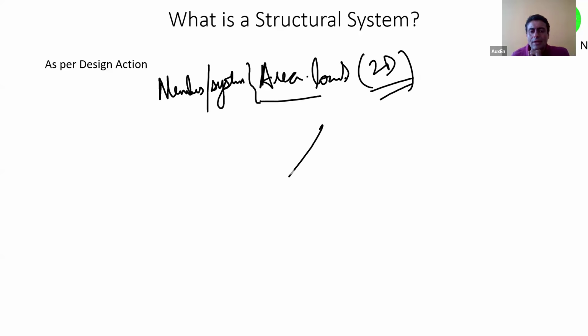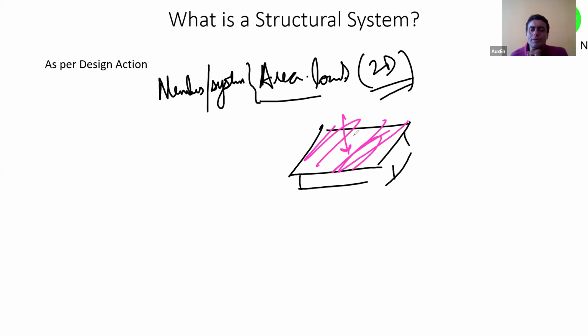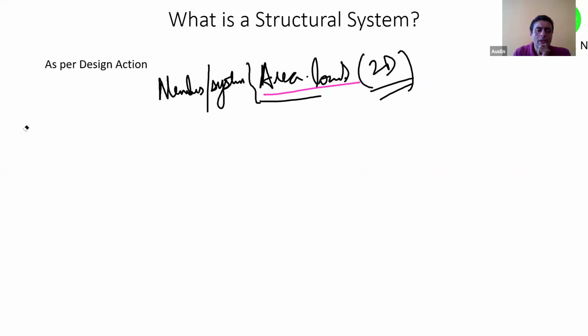By 2D, I mean that, of course, all of them have three dimensions, but I'm basically indicating that they take load from a certain area. So there might be some members or systems which have the purpose of taking area loads and transferring them to the next set of members or systems.